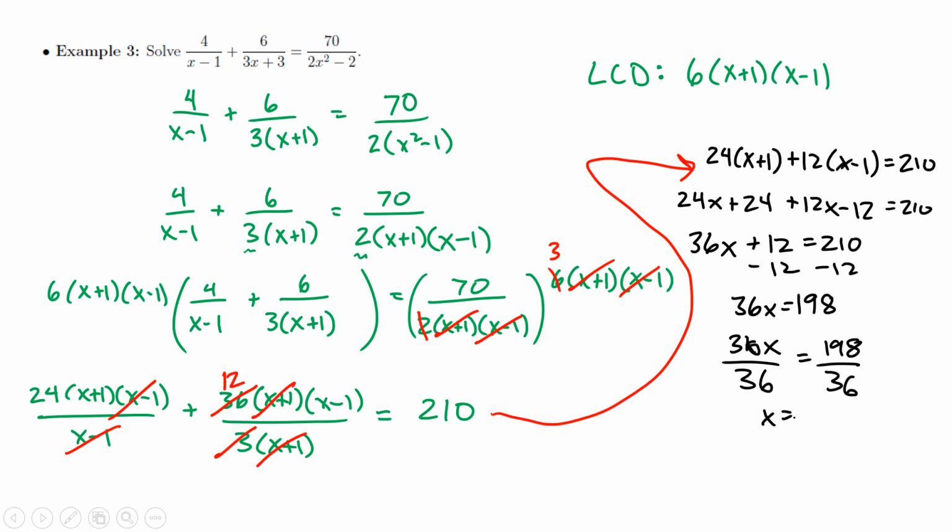So let's see here, 36 goes into 198. Do we get a nice number here? Get 5.5. And remember, all I have to do is just make sure that 5.5 doesn't cause me to divide by 0 in any of these fractions, and it does not, so we're good to go there.